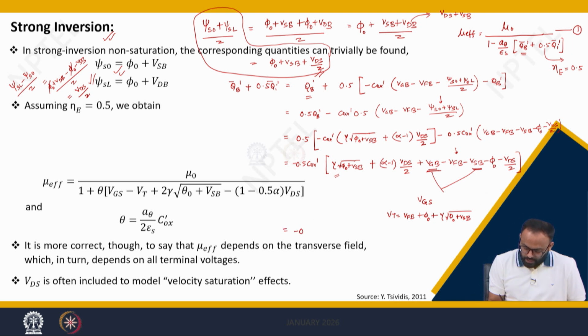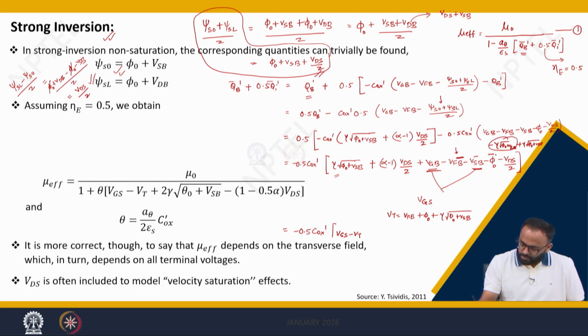So this complete equation can be represented as 0.5 COX dash into VGS minus VT, right. So this is VGS, this term, this term, this term, this term, and I am just adding and subtracting gamma into square root of phi naught plus VSB plus gamma into square root of phi naught plus VSB.